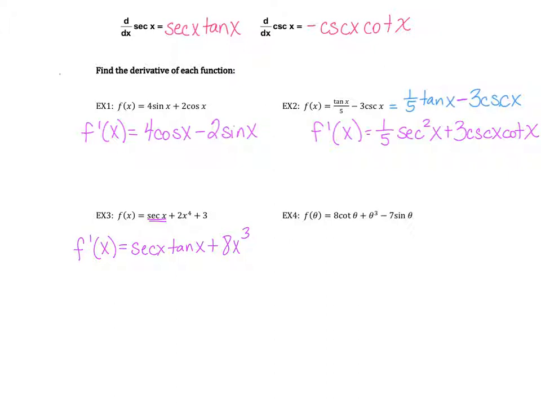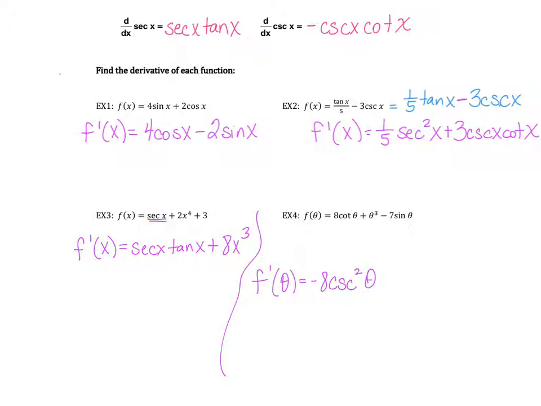Now with the thetas, again, don't get too confused. I'm going to write this down here so I have room to write it all in one line. So f prime of theta, the derivative of 8 cotangent is negative 8 cosecant squared.